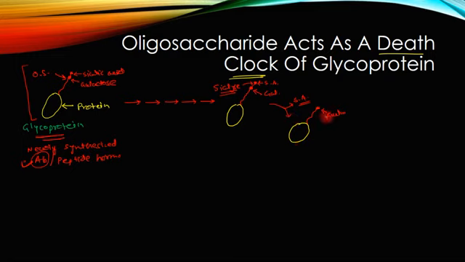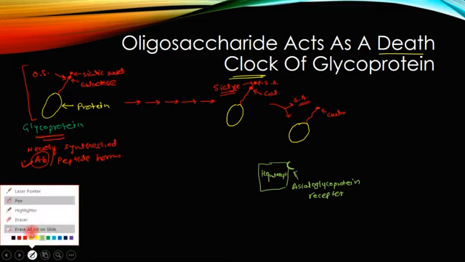Now, because this galactose is exposed, and on the hepatocyte, if this is the hepatocyte, this is a liver cell, on the surface of the hepatocyte there is one special type of receptor known as the asialoglycoprotein receptor, which is present on the hepatocyte. This special receptor recognizes the terminal galactose of the glycoprotein.